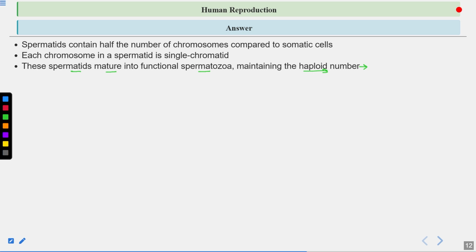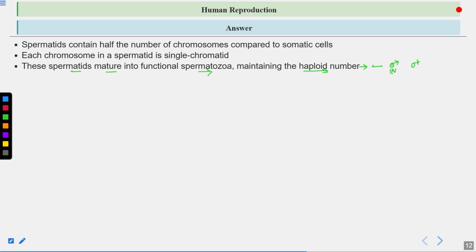What happens after the gametes are formed? The male and the female gamete fuse with each other. Fusion of the gametes is known as fertilization. After fertilization, again the diploid structure, the zygote, is formed. So the chromosome number is maintained. This is the significance of meiosis also: maintenance of the chromosome number. One is the male gamete, another is the female gamete.